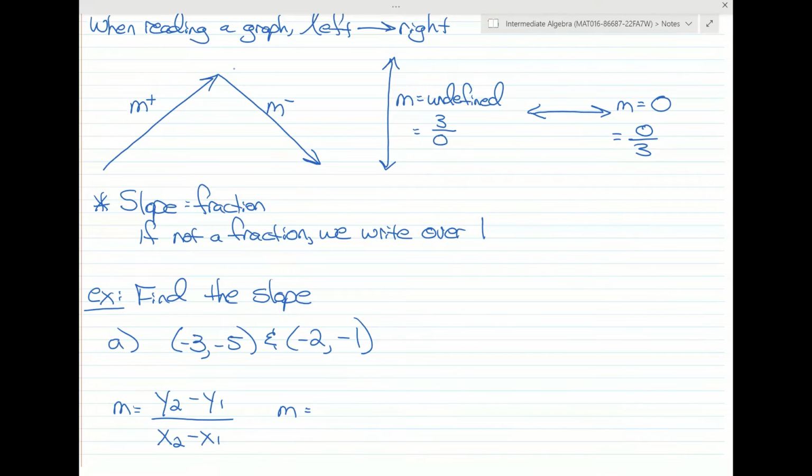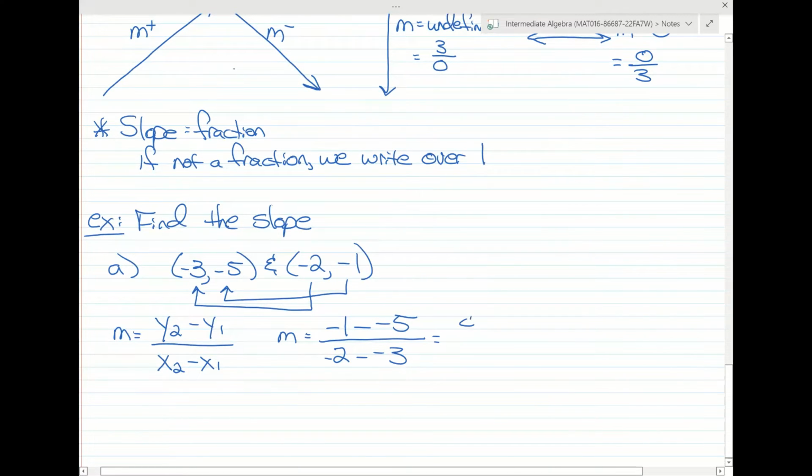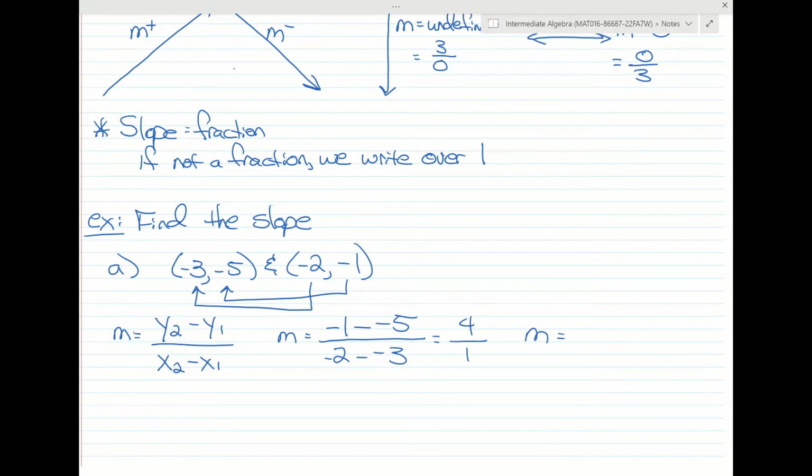What we would do is just subtract the y values, so -1 minus -5 over, you subtract the x values, -2 minus -3. It doesn't matter what order you subtract them in as long as you subtract them in the same order. -1 plus 5 is 4, -2 plus 3 is 1. So I would just say the slope is 4. You could also write 4 over 1, it means the same thing.